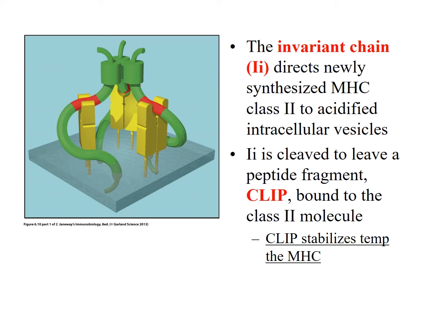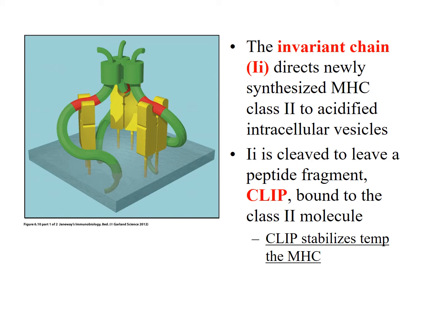As, you know, this trimer of the invariant chain and its associated class 2s bleb off in a vesicle away from the ER. It will become acidified, either as it's sitting waiting or when it binds to that endolysosome or the phagolysosome I talked about on the previous slide. The invariant chain will then be cleaved.